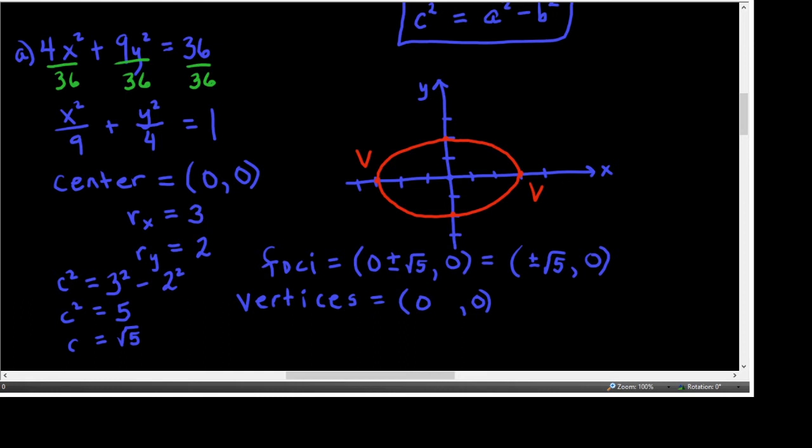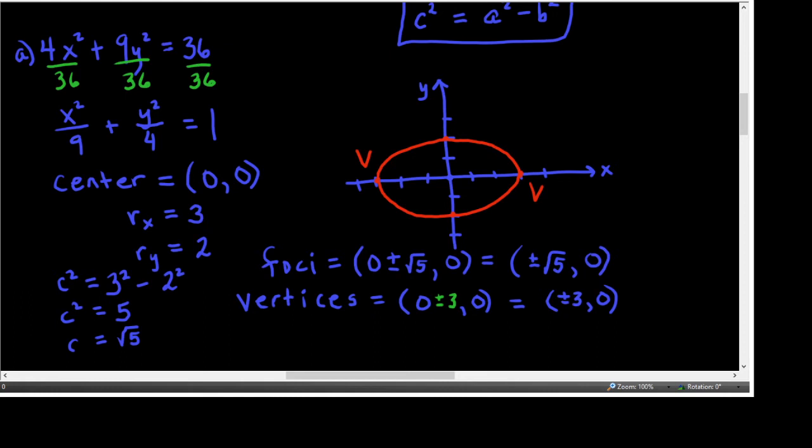In this case it was 3. Add and subtract 3 from the x coordinate of the center, and that gives you plus or minus 3, comma 0.